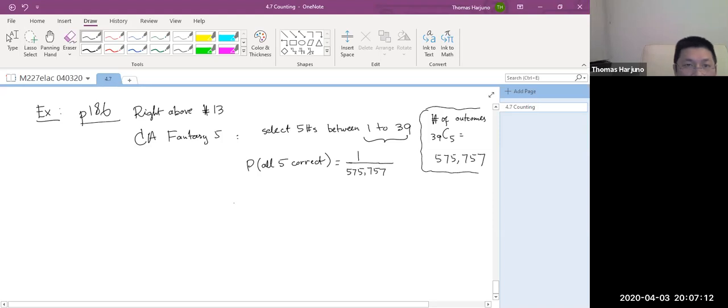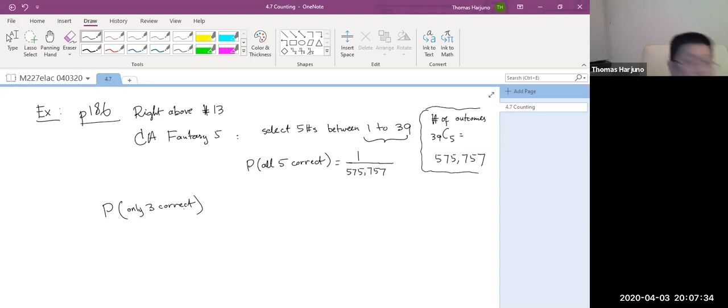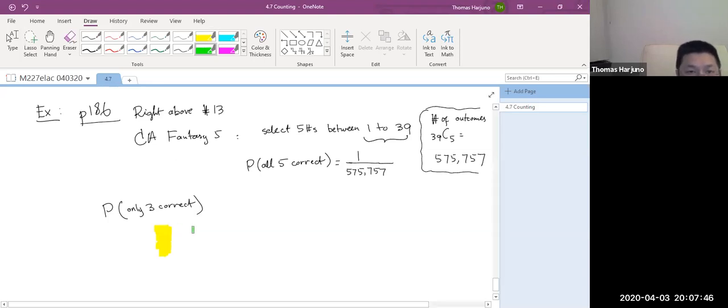But then the follow-up question is, what is the probability that only 3 are correct? Our textbook does not say anything about this type of question, so we will solve it in the following way. There are 2 types of numbers among those 39.